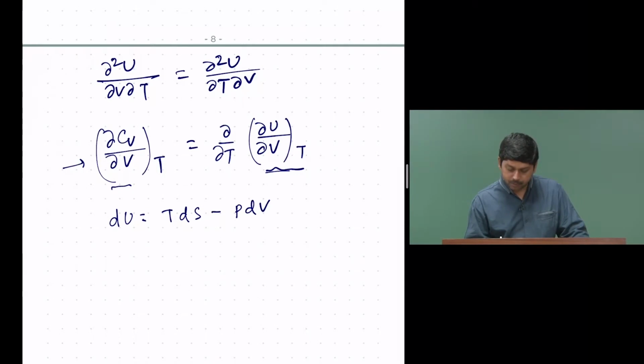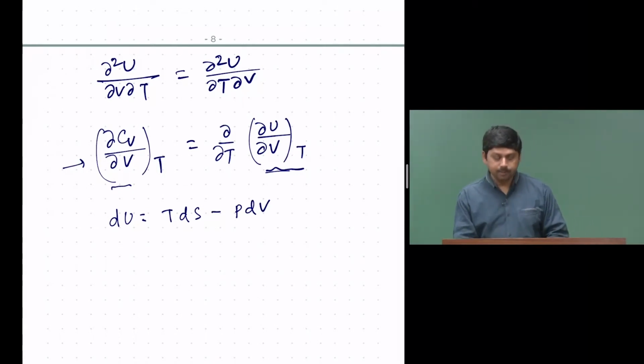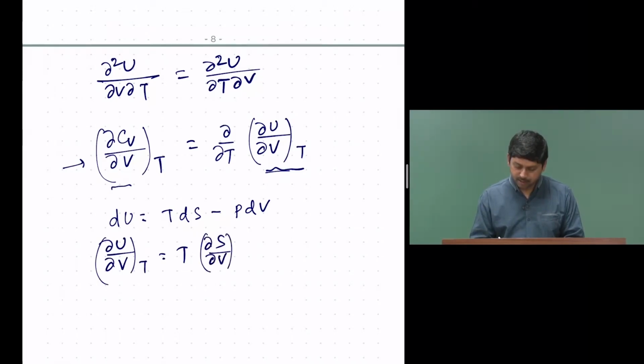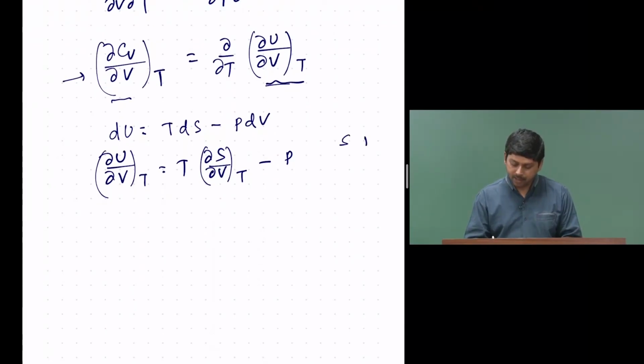Yeah, but if you do dU by dV, I do not get the T here. Okay, fine, no problem, but we can write that, and then we can take the differentiation with respect to V at a constant T will give us T del S by del V at a constant T minus P. And Maxwell's relation showed us that del S by del V at a constant T is nothing but del P by del T at a constant V.